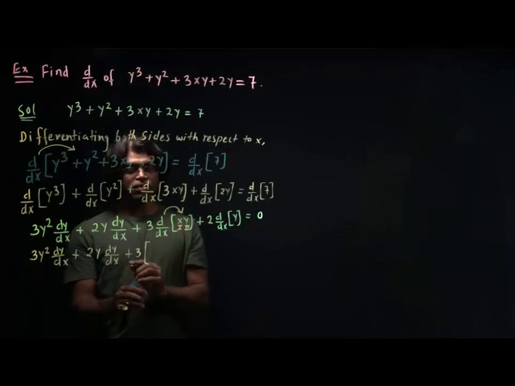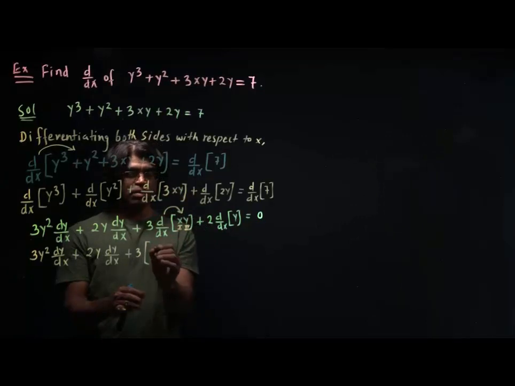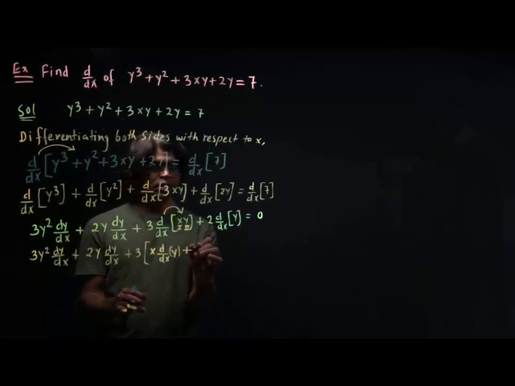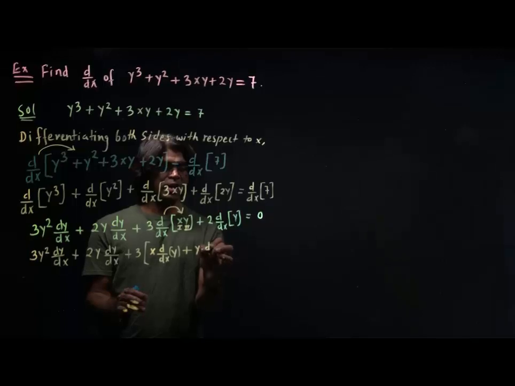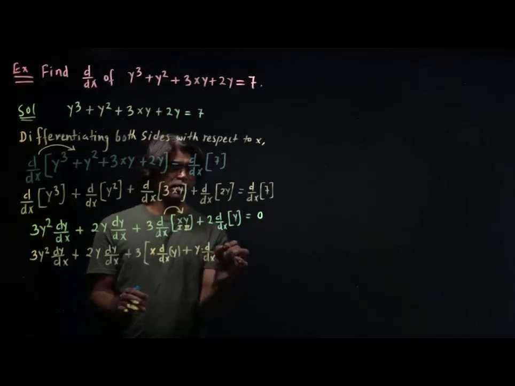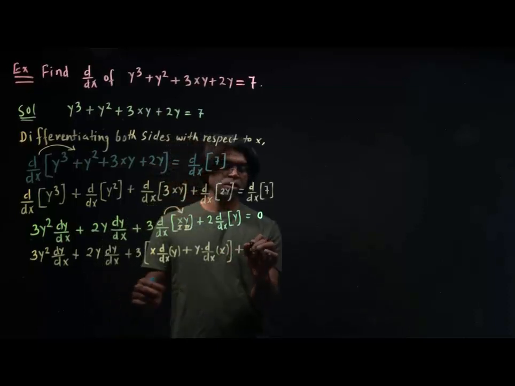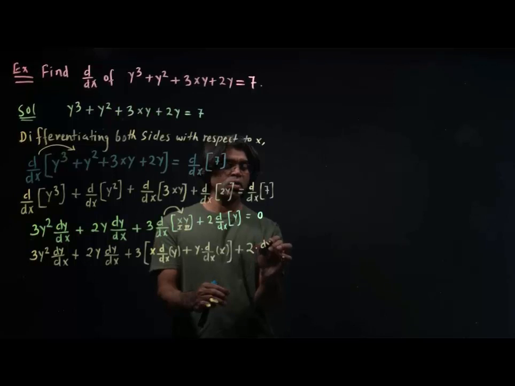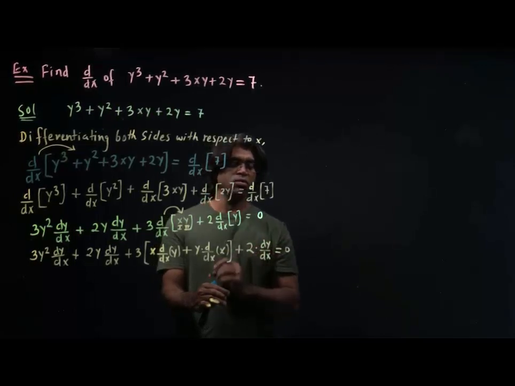So I'm going to differentiate it as a product of two functions. So I will write first function times d by dx of second function, right? Plus second function times d by dx of first function, which is x, right? Plus 2 times d by dx of y is dy over dx, and that is equal to 0.